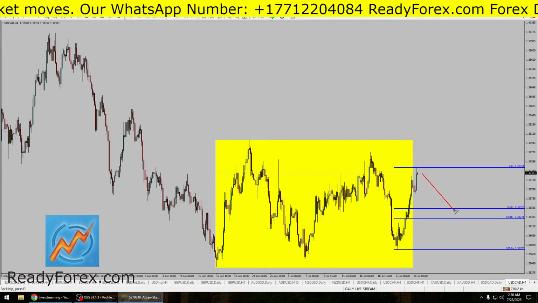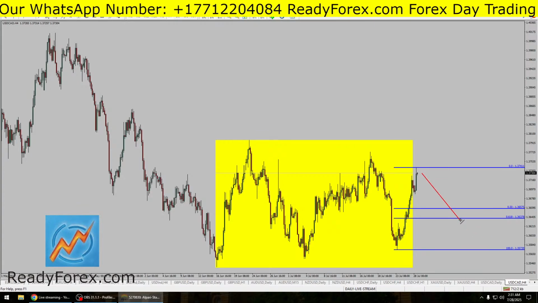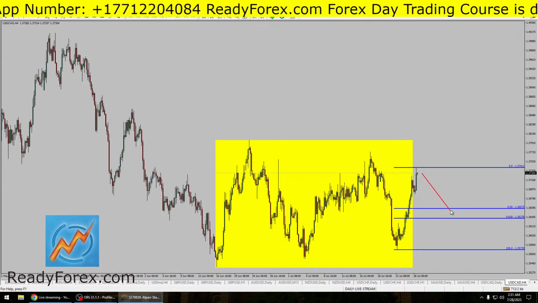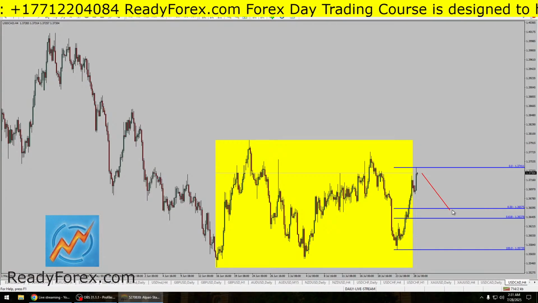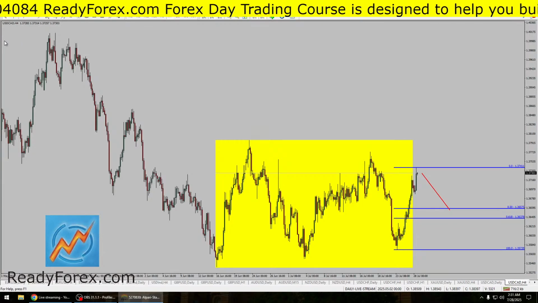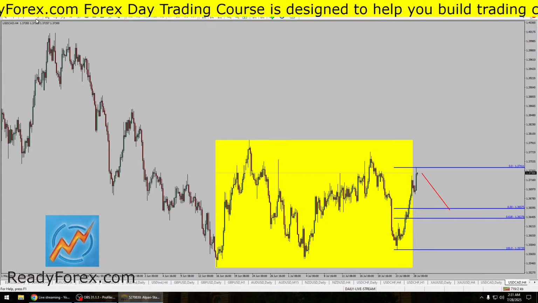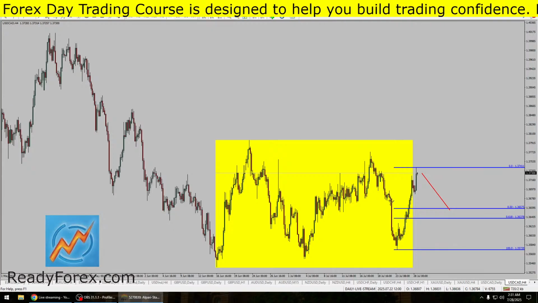So it's possible that when the New York market session is going to start, we might get a top and a drop in price action of the USDCAD currency pair, but this one looks quite possible as well. So my forecast is on a short-term basis, it's bearish. Now, once the market completes this bearish pullback, then I expect price action to rise up.